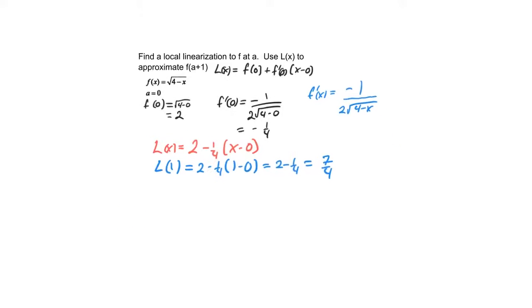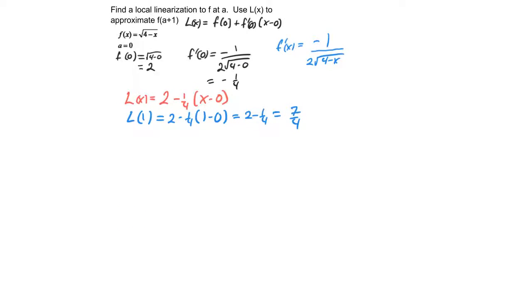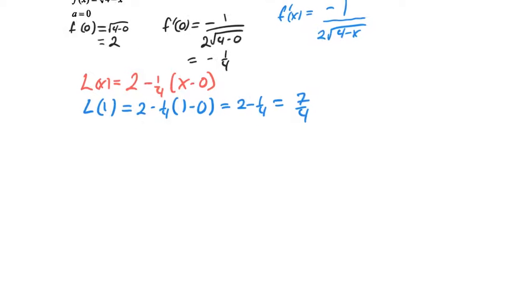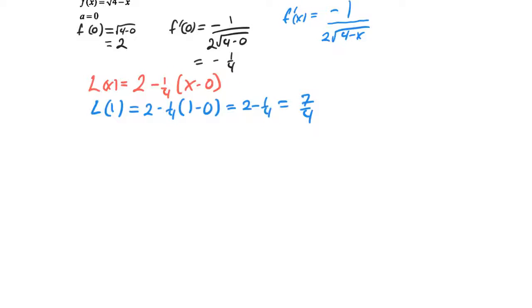Now, the whole goal of doing this is not so much to find L of 1, but instead to get an approximation of f of 1. And so what we do is we say that f of 1 is approximately 7/4.